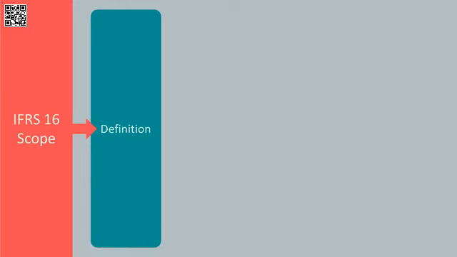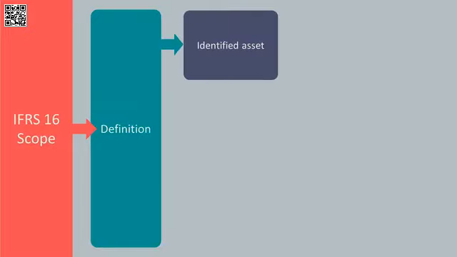Now, there are three elements to this. The first is that there must be an identified asset. So, for example, if you go on holiday and you were to rent a car, you go on the internet, you book the car, and you book a small family hatchback that might be a Vauxhall Astra or similar.